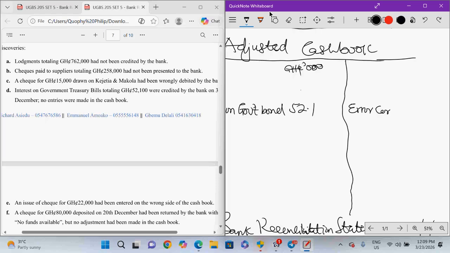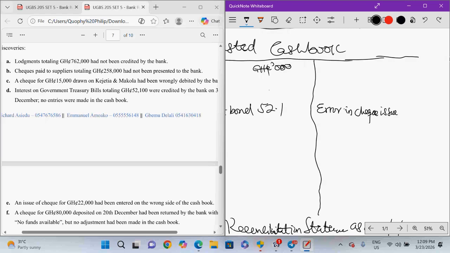Don't you think it's too generic? Is that the only error we have? So issue check, error corrected. An error in check issue corrected, right? Anyhow you write it is not really a matter, but error in check issue corrected.